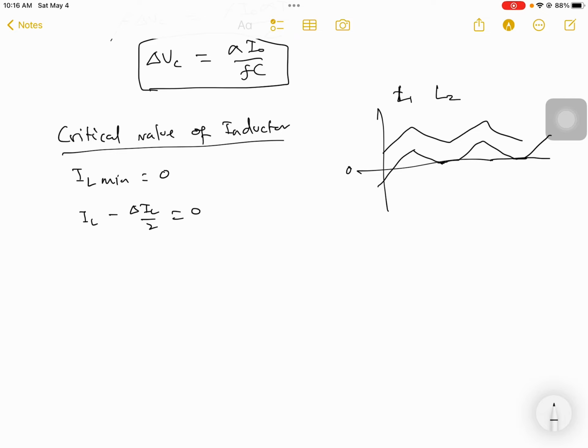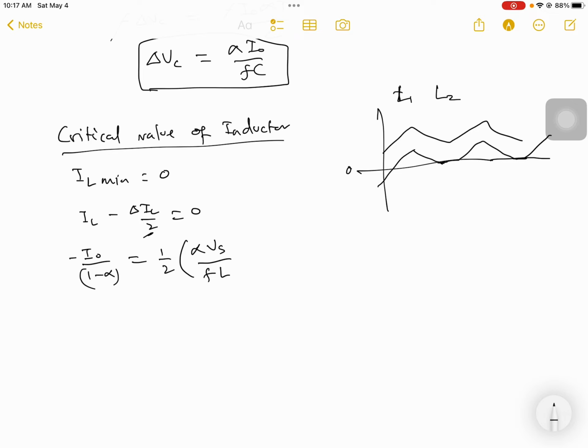If you substitute the value of IL, IL is equal to minus I naught by 1 minus alpha, and I'm taking this half outside, and also substituting the value of delta IL, which is given by alpha Vs by FL.